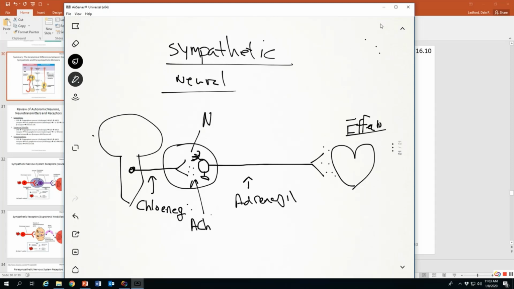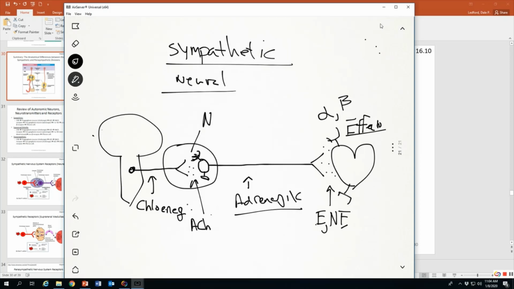Now, sympathetic, remember, we have an adrenergic neuron. That means this neuron here releases epinephrine or norepinephrine as its neurotransmitter, and it has to have receptors on the heart, which are alpha or beta adrenergic receptors.